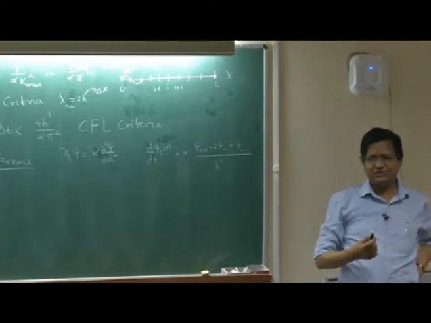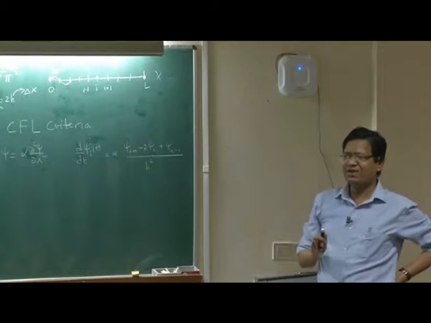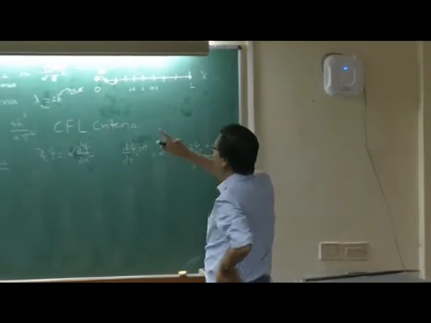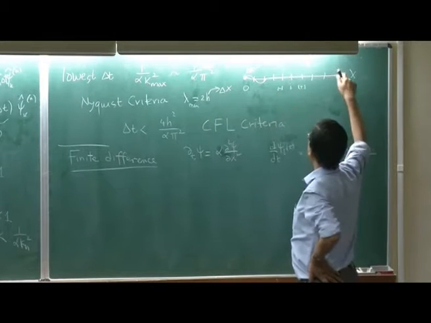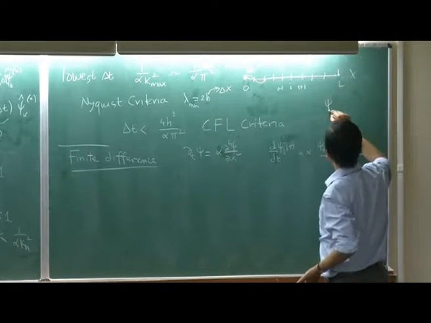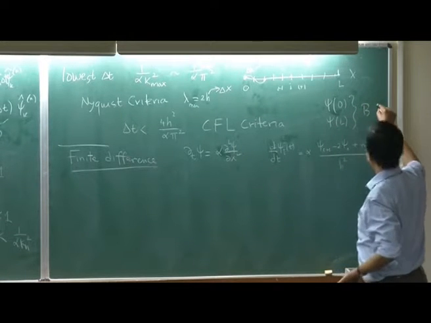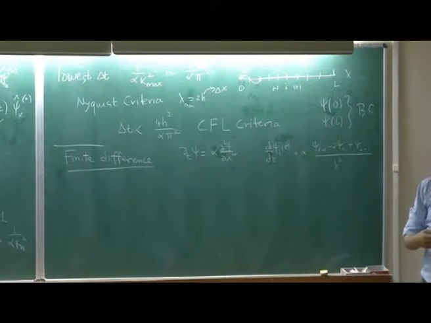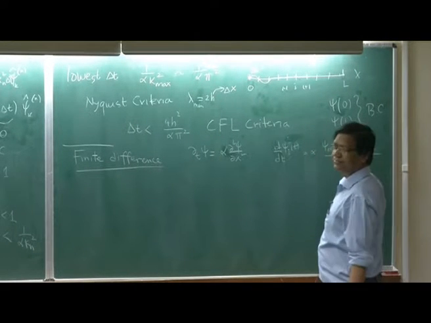What is the value of the function at those walls? 0. So I should not time step the boundary values. These two, I don't want to time step because they are zeros. These are the boundary conditions, psi at 0 and psi at L. So don't time step them, don't write an equation for that, but write equations for everything else.